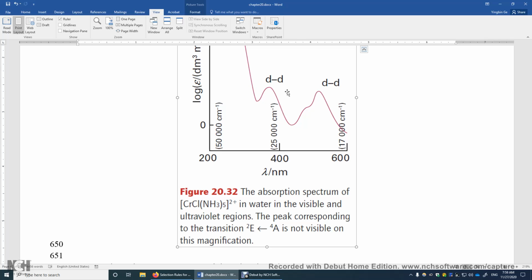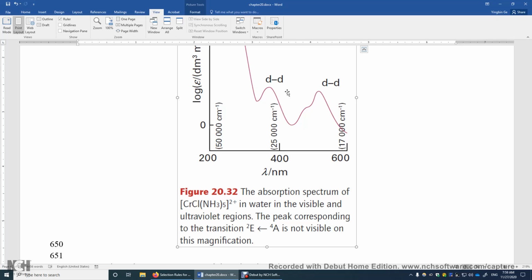If the d orbitals are mixed with p orbitals, then you do not have those perfect d orbitals with g symmetry, and that also distorts this Oh symmetry. And you can no longer assign the g labels to the d orbitals. So in that case, you can also observe d to d transition.